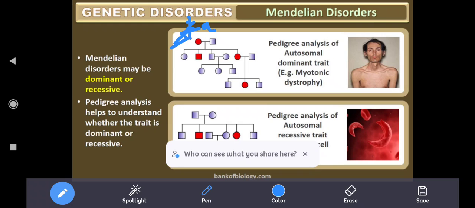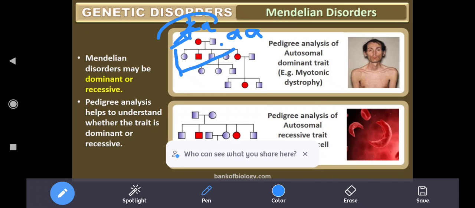she is affected. Now let us consider this male. Since he has the recessive gene, he is normal. Now you know very well that one gene from here and one gene from here will be shared in the gamete.